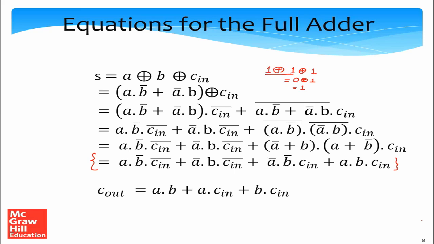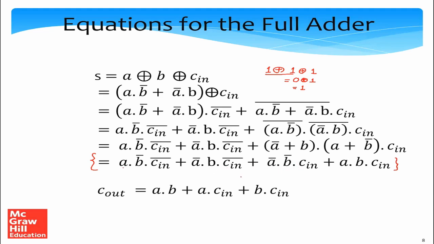So in this expression over here, when will this be true? This expression will be true when A is 1 and both B and the carry in are 0. Similarly, in this expression, this will be true when B is 1 and both A and the carry in are 0.